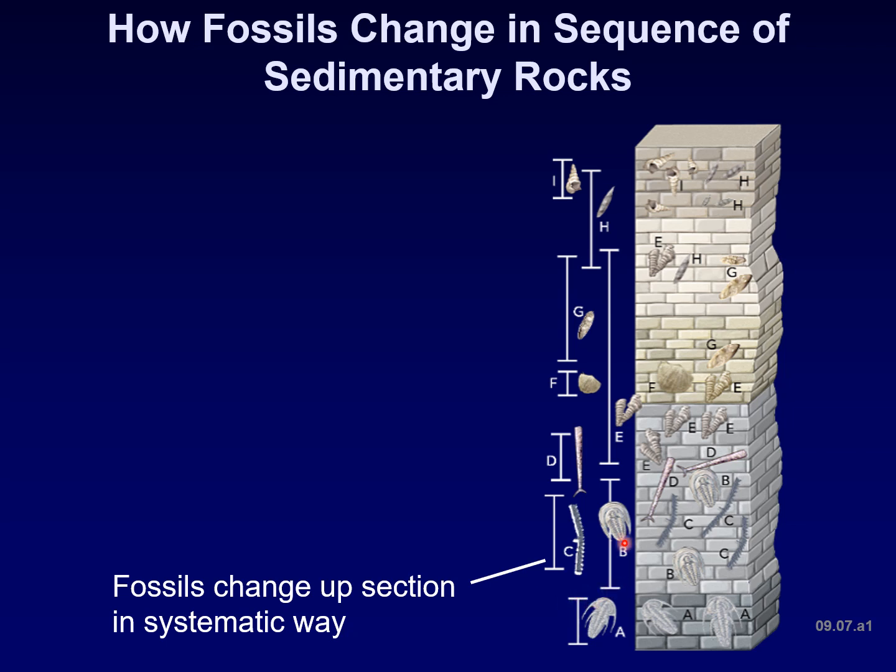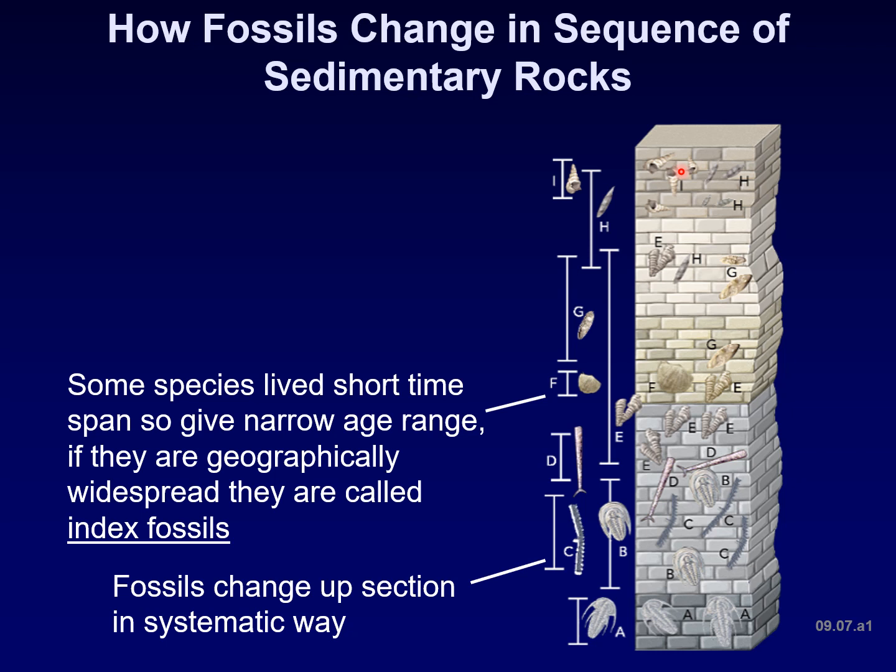So we see that evolution of different body forms builds on the evolution of the body forms before it. And so oftentimes, although that's not always the case, the complexity within species as they evolve into other species works its way up. So things get a little bit more complex as you work your way up the rock sequence.